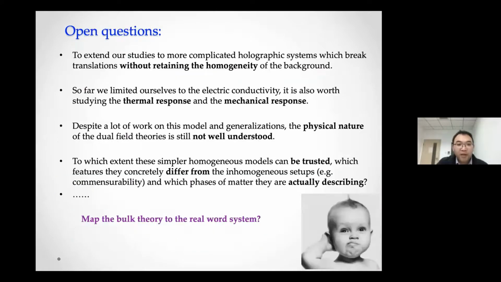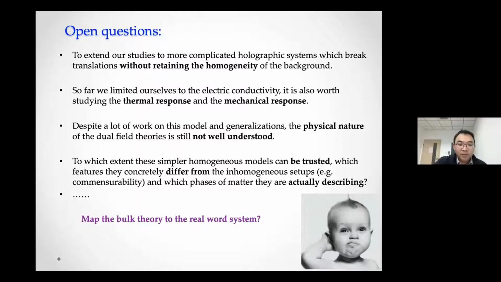Okay, there are also many interesting questions. For example, to consider more complicated systems which break translations without the homogeneity of the background. So far we limited ourselves to electrical conductivity. So it's also interesting to consider the thermal response, like the thermal Hall conductivity, and the mechanical response.